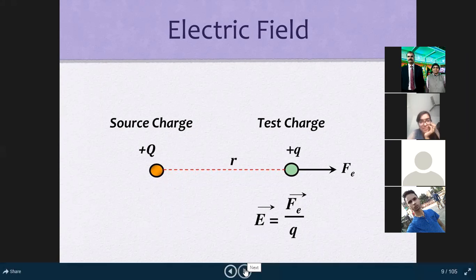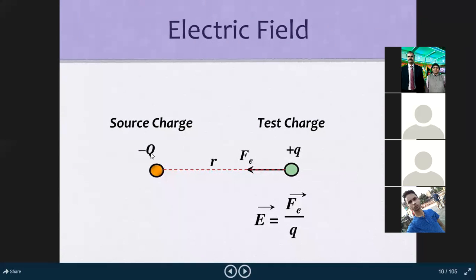Next thing is that if we take the source charge as a negative charge, there is no difference. In the previous case, the source charge was positive, therefore the force exerted on the test charge was directed in this direction. But in this case the source charge is negative, and the test charge is positive. Test charge is always taken to be positive; it can never be taken as negative.